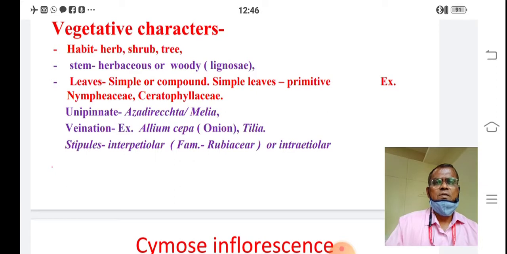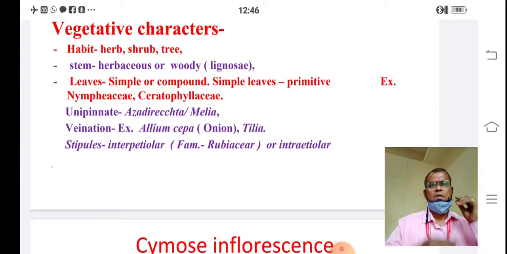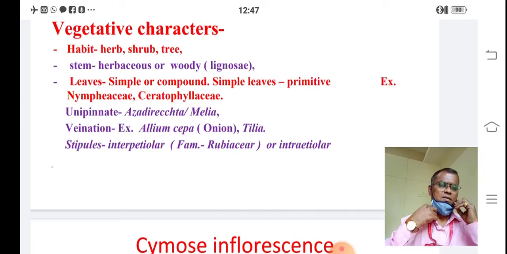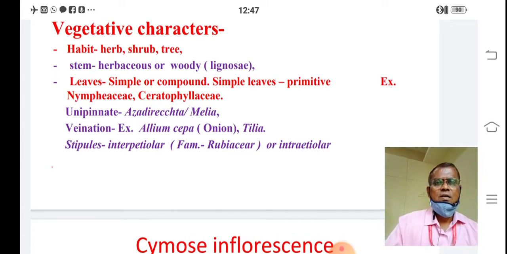And tree means more than 2 meters, that is 5 to 6 feet, and generally the stem is woody, with a proper main stem and branching. Either a single branch, monopodial, or many branches, which is called sympodial. So these are the morphological characters.